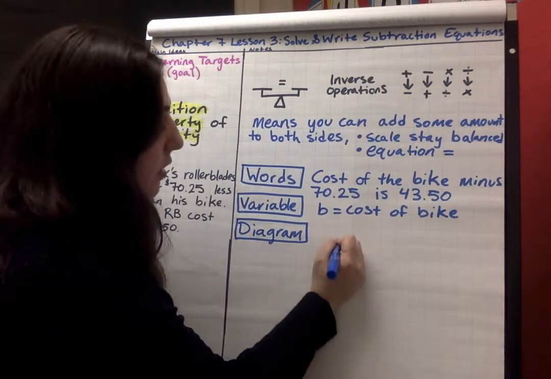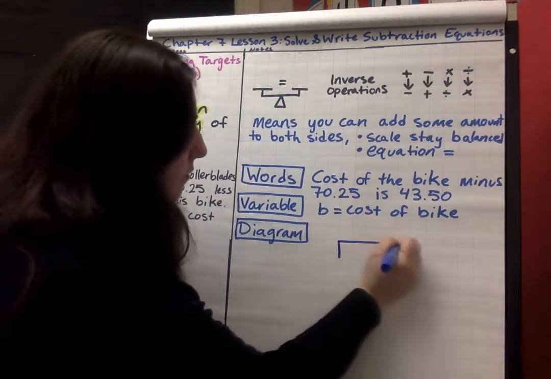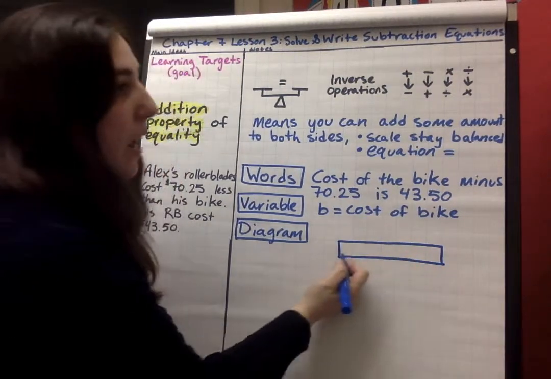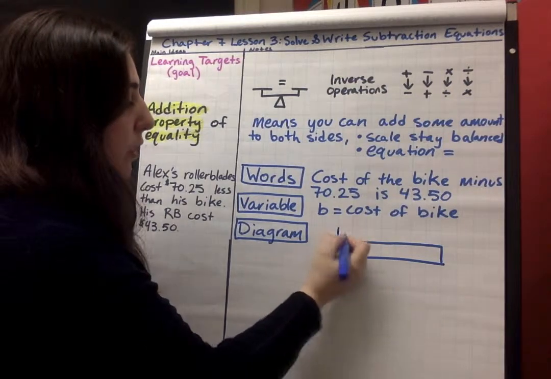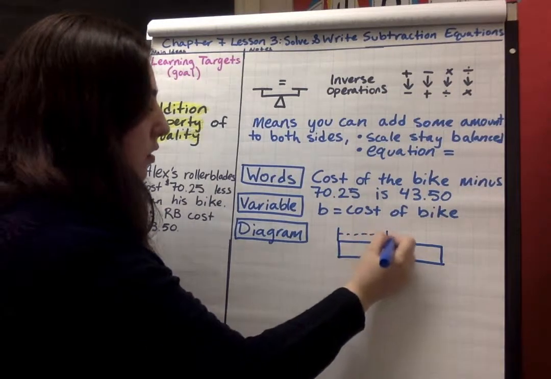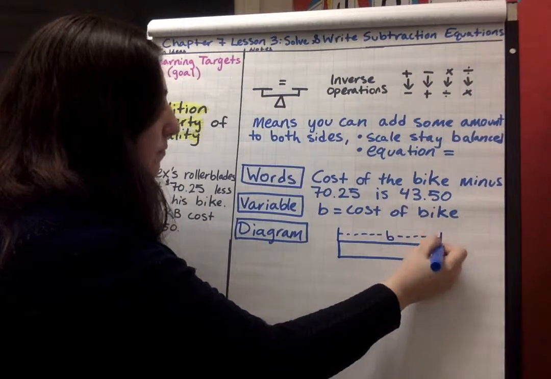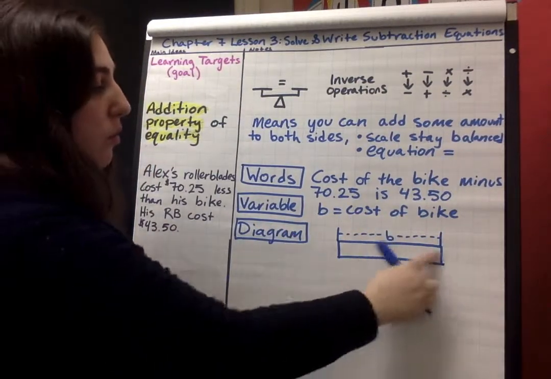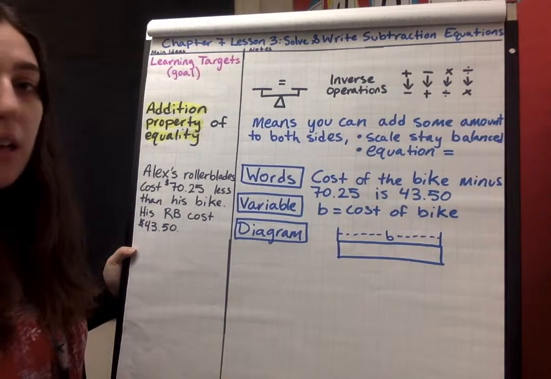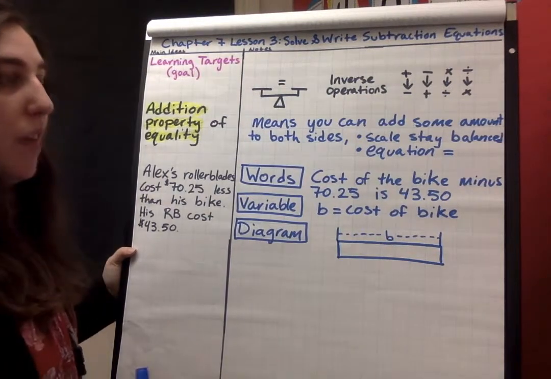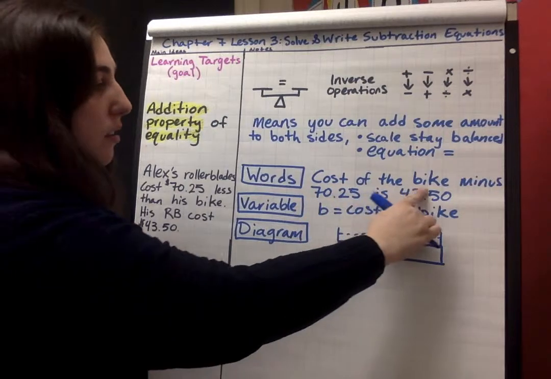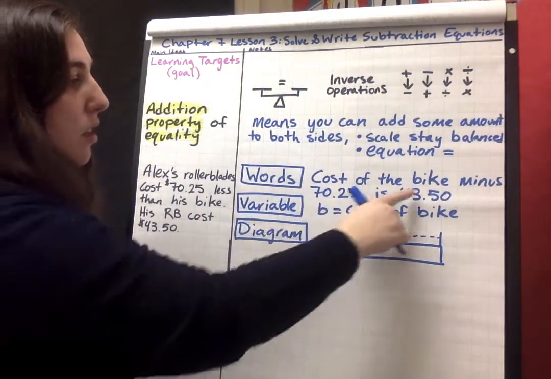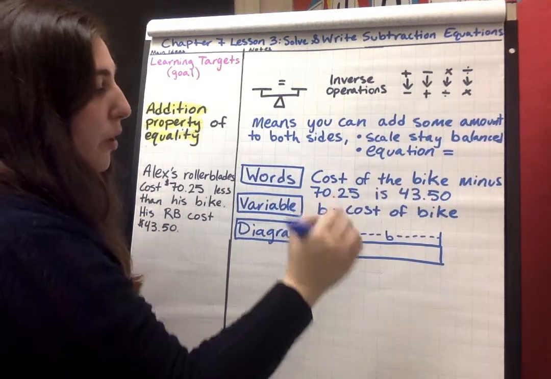So here's my diagram. And this diagram, okay, the whole thing represents B. And if I look what B means, B equals cost of bike. So this whole thing is the cost of the bike. And I know that the cost of the bike is $70.25. So cost of bike minus $70.25.